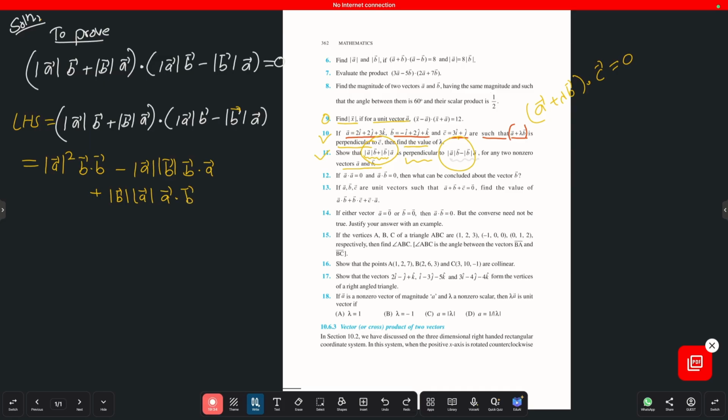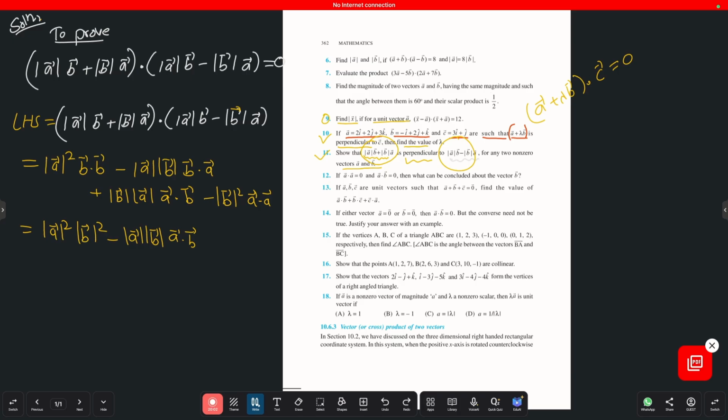Then plus minus minus: |b| and a dot a, |b|² and a dot a. Next line: |a|², |b|², and |a||b| and b dot a is a dot b because it is commutative. Because I am making it the same.